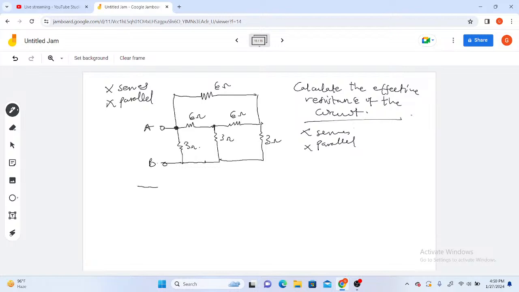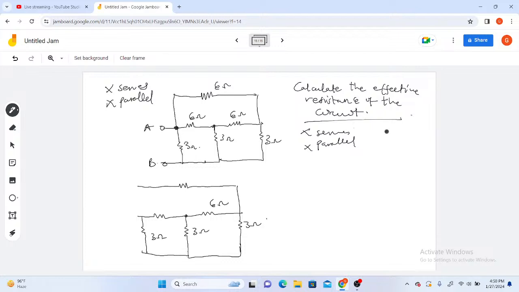So I have my 6 ohm. Let me redraw. I have this side, I have this side, then I have this side. 3 ohm, 3 ohm, 3 ohm.